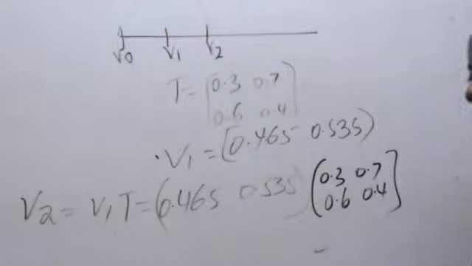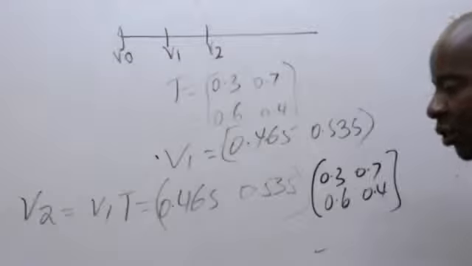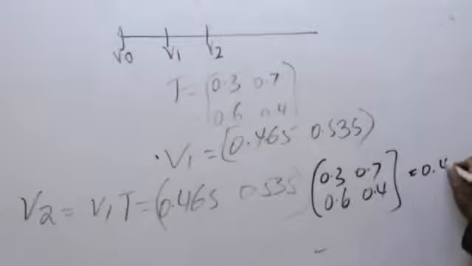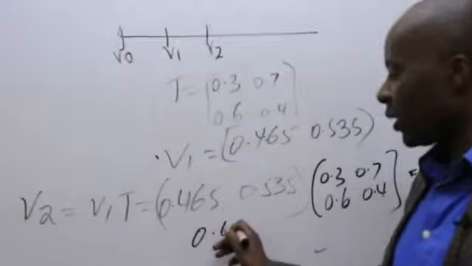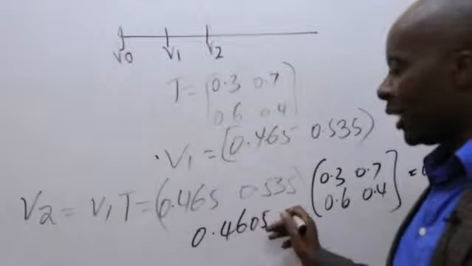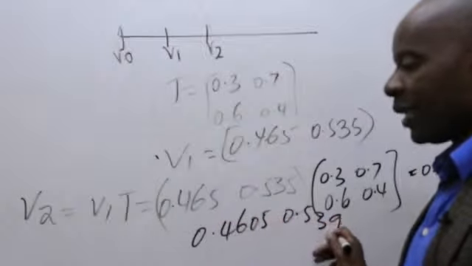So we have 0.46, 0.5, and then for vector 2, 0.4605, and then we have 0.5395.